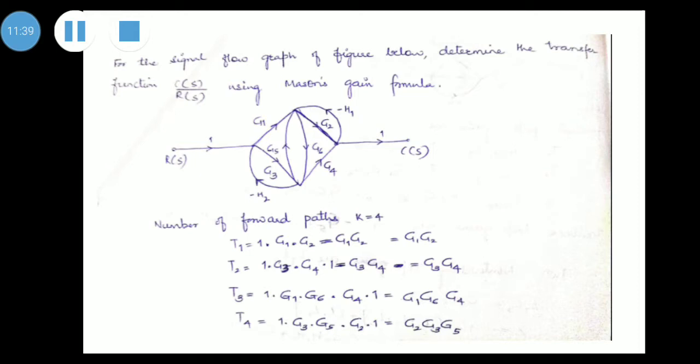You can see 1 into G3, G5, then G2, 1 is a forward path. So these are the forward paths.